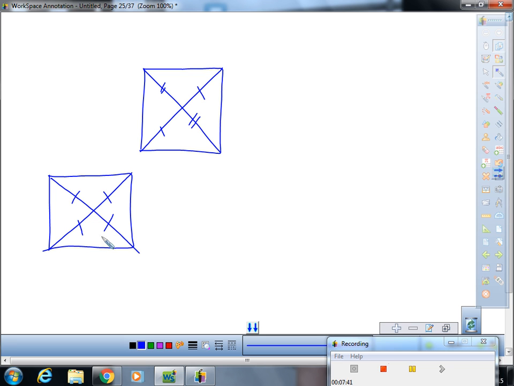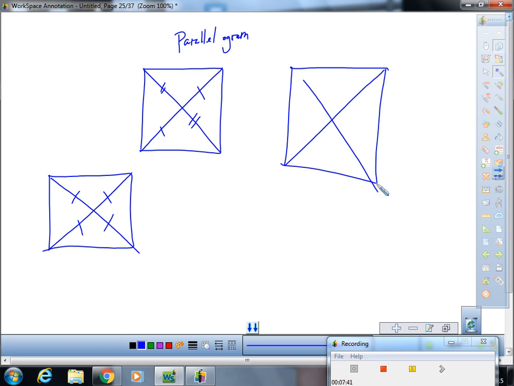So, that is just a parallelogram. Okay? But what if it looked like this? By the way, this is a parallelogram. All they need to do is change the picture so they can make it look exactly the same. Again, starting to look exactly the same.